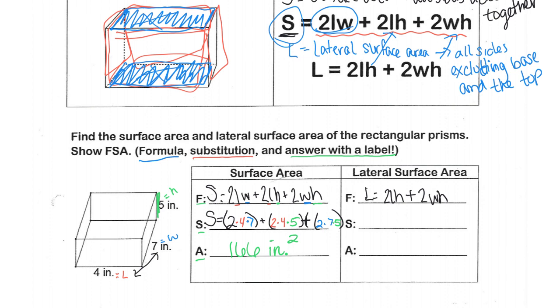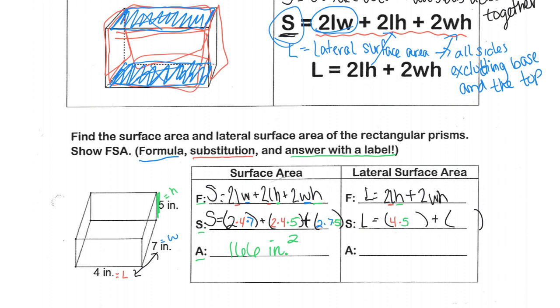It's the same thing, we're just plugging it into the formula. Again, I might separate these two things by parentheses on my calculator. So this is length times height. My length was 4 times my height, which is 5.